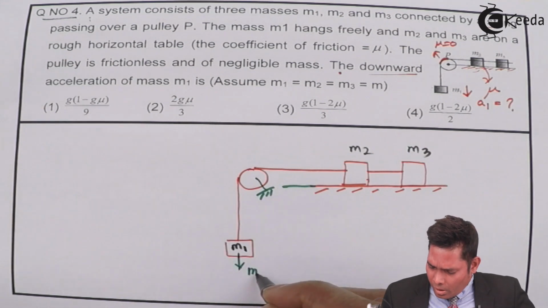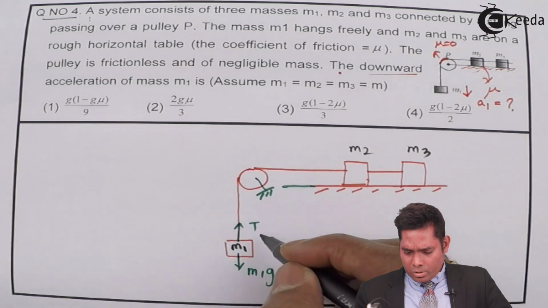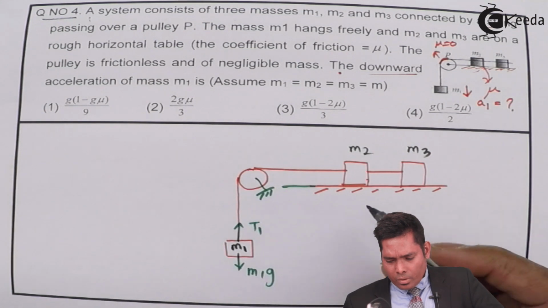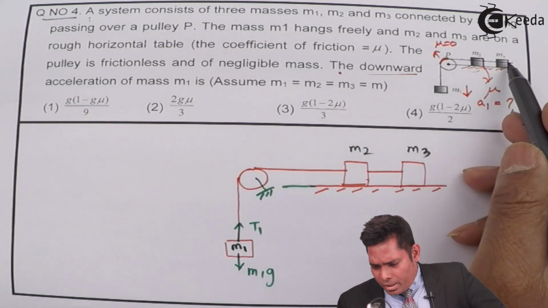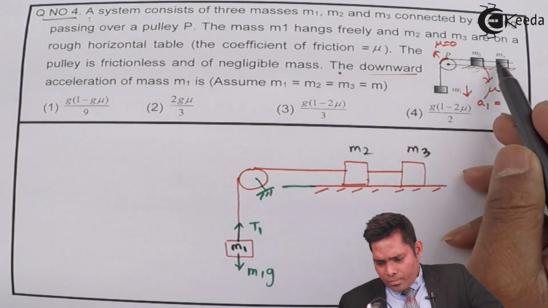If I draw the free body diagram of this one, m1g downward, and tension will act in the upward direction. Suppose the tension is T1. In the diagram, it seems as if one string is there.